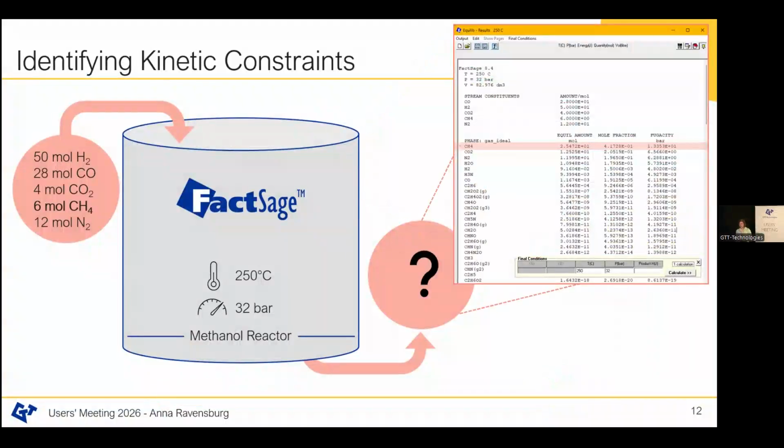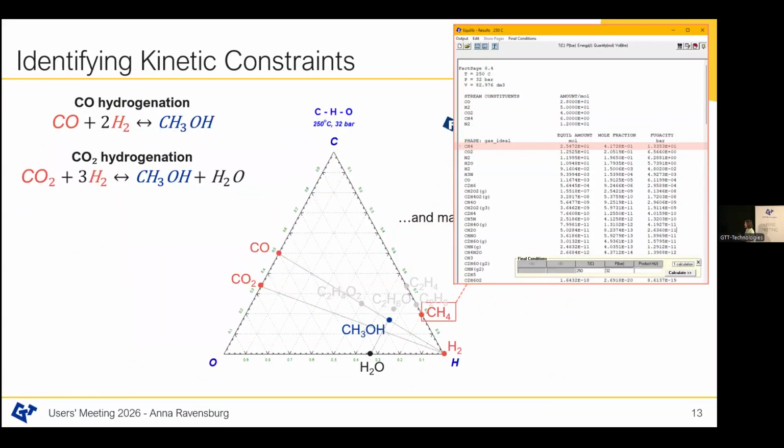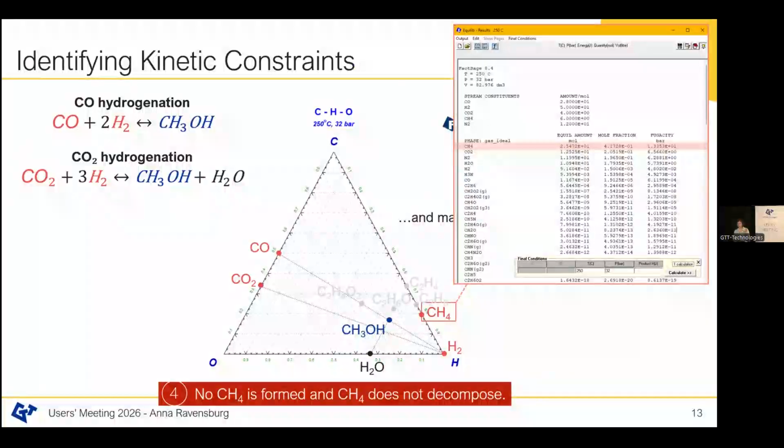The final thing that is left is I have an input of 6 mole CH4. And if I look at the output, then I also have CH4 here, and CH4 is lying in my diagram also here. If I look at the experimental results of these reactions, what I see is that I actually do not form any CH4, but the input that I have, and the CH4 that is put into the input, does also not decompose.